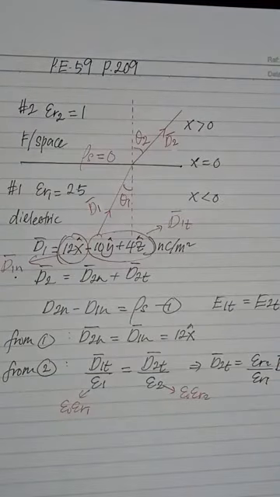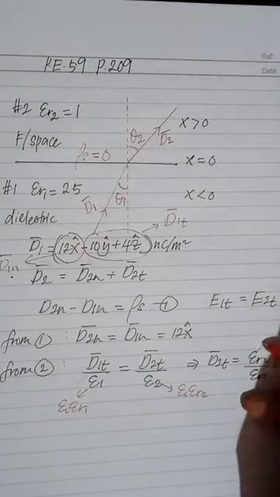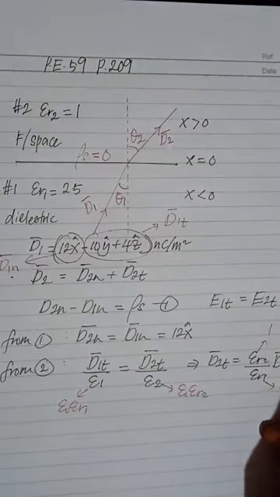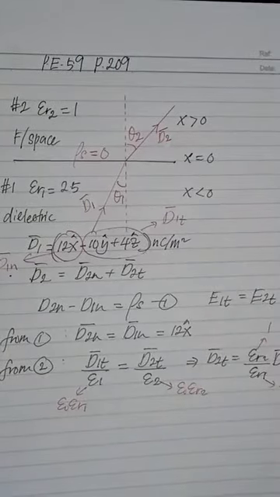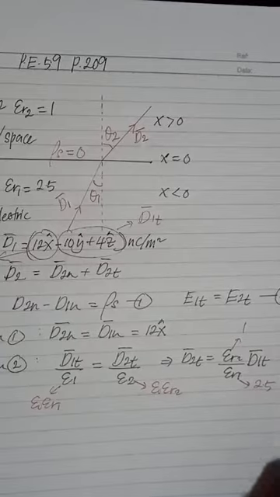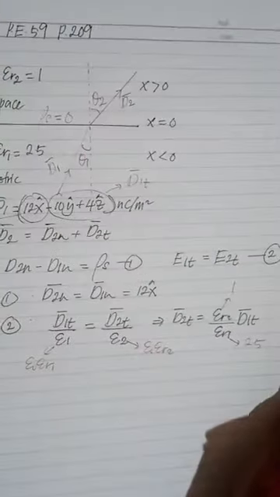We know that epsilon r2 is equal to 1, and epsilon r1 is equal to 2.5, isn't it?